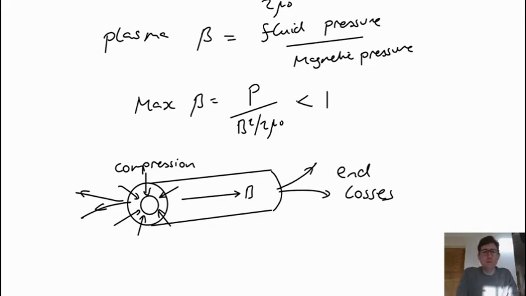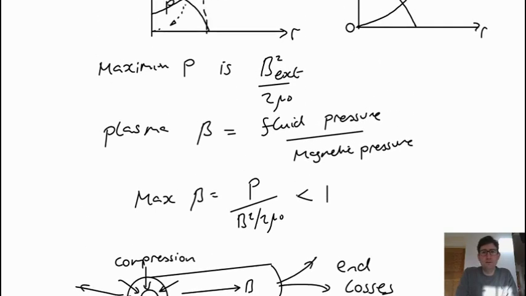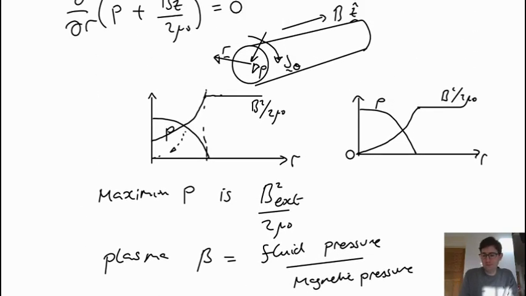Okay, now in this geometry we have the magnetic field imposed from the outside, and it's being combined with a current running in the theta direction. And so what we have here is the magnetic field on the outside, and then it's reducing inside. And so this is called a diamagnetic situation, where the currents in the plasma are reducing the external field.